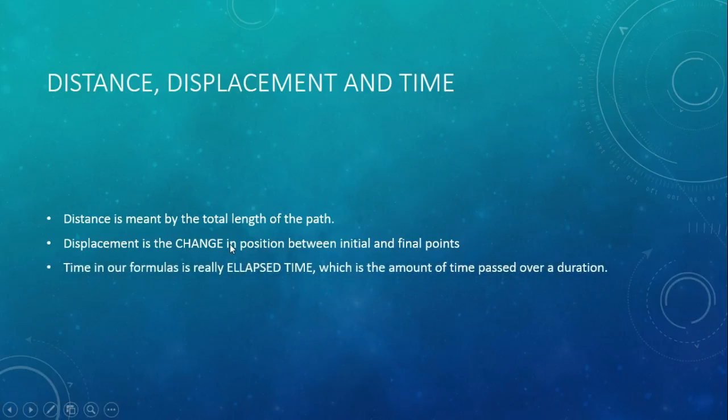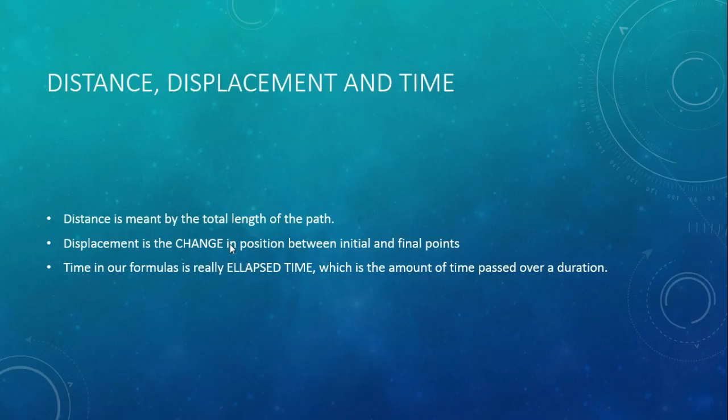And lastly, time in our formulas is pretty straightforward. Time is how long it took for something to happen. In our formulas, it's really elapsed time, which is the amount of time over the duration of a period.